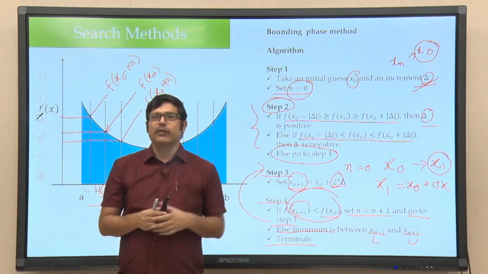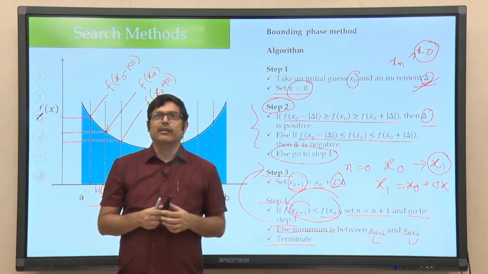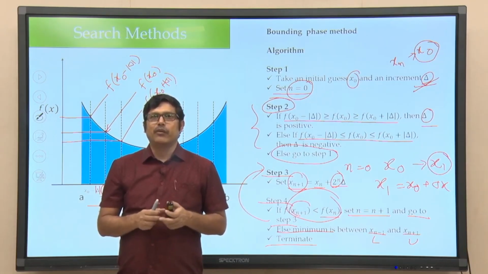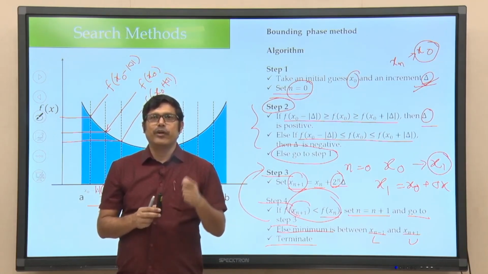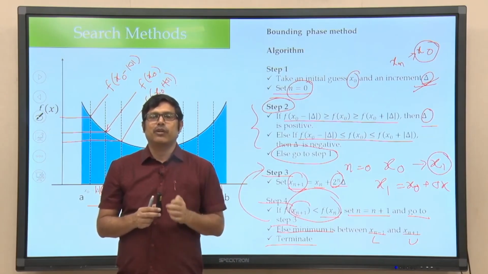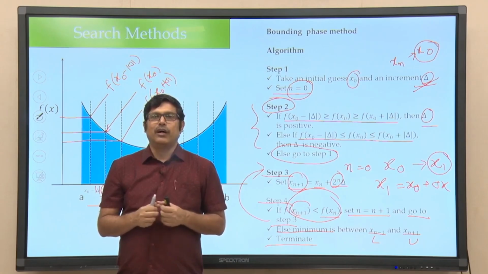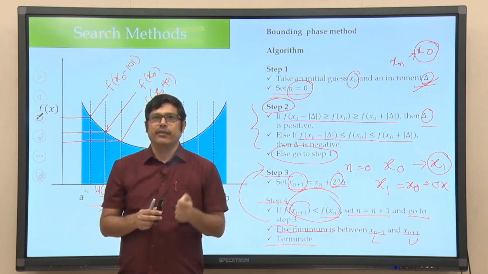You can find that using the other algorithms. So here we are not trying to find the optimal solution of this problem, but we are trying to find a small region where the optima is.